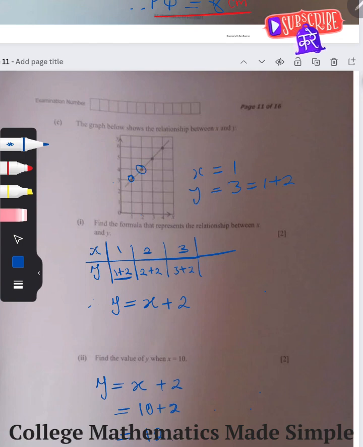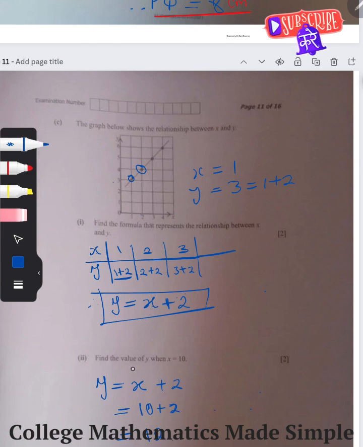So we can write 4 as 2 plus 2, and then 5 we can write as 3 plus 2. So you observe that the value of y is given by the value of x plus 2. So this is the relationship that connects x and y.